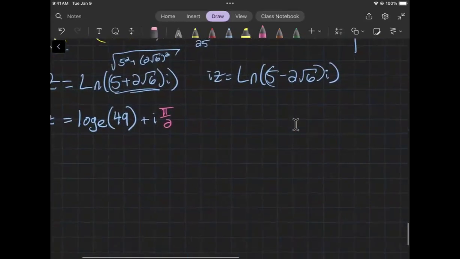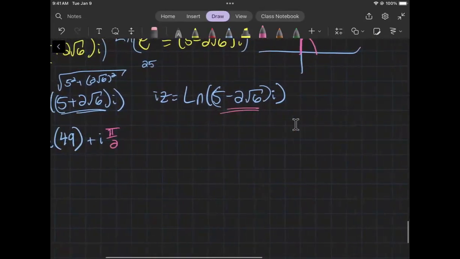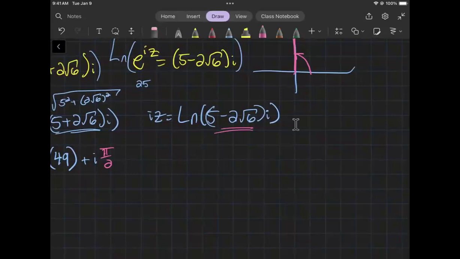Okay, and 5 minus 2 root 6, I believe that's bigger than 0. So in other words, this is positive. Let me actually double check that. So 5 minus... yeah, so that is positive, right?